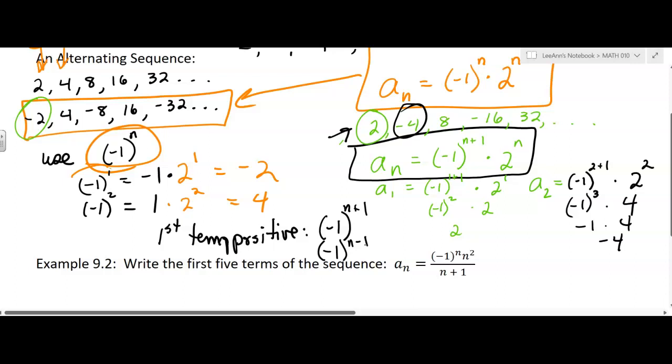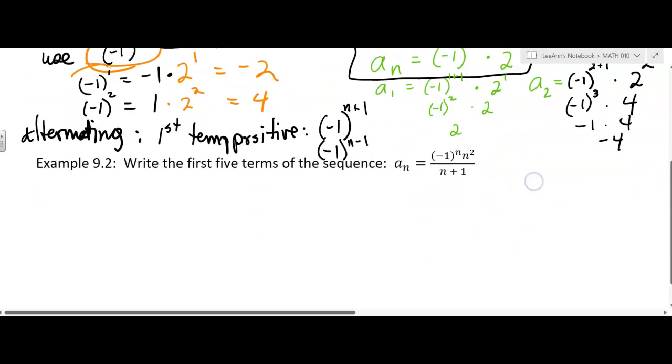It has to do with whether you have an even exponent or an odd exponent, whether it's going to be positive or negative. This is for alternating sequences. If you want the first term to be negative, use that. Okay, it kind of ran out of room, but hopefully it makes some sense.